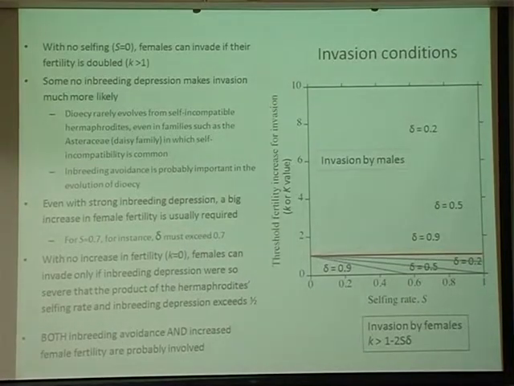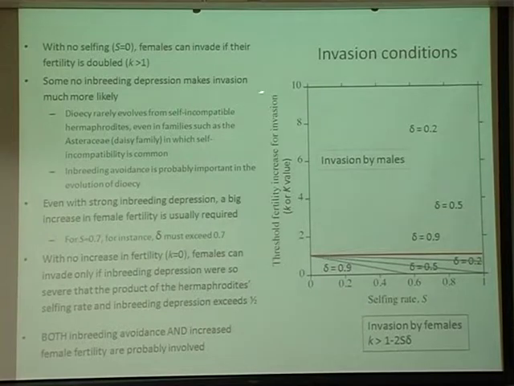And that's an interesting result because it says that you would expect some selfing and some inbreeding depression to make the invasion of females more likely than if you had a self-incompatible, completely outcrossing cosexual species in the first place. So you would predict from that that self-incompatible hermaphrodites would not often evolve into species with this kind of polymorphism for females or into dioecious species, and that's what we see.